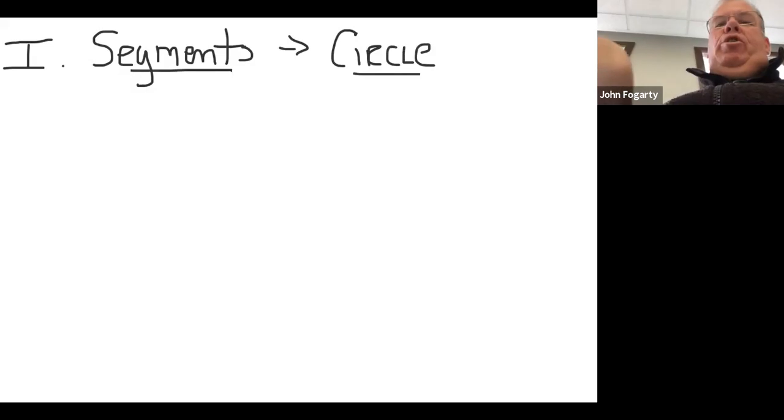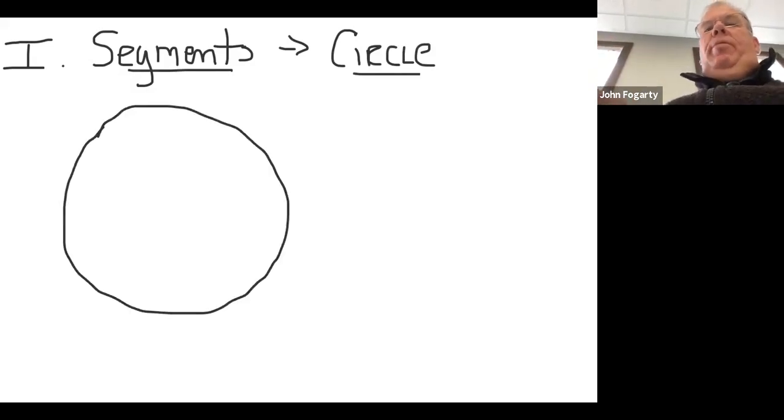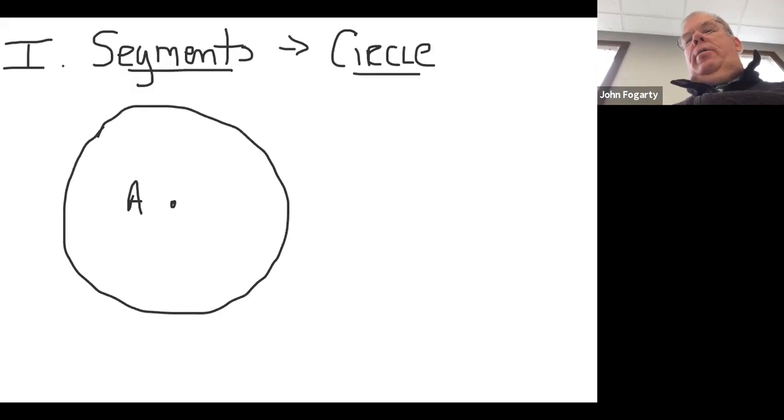So if I have a circle, generally speaking, we name a circle using the center of the circle, right? So we would simply call this circle A. So the first thing we want to do is make sure we know what a circle is.